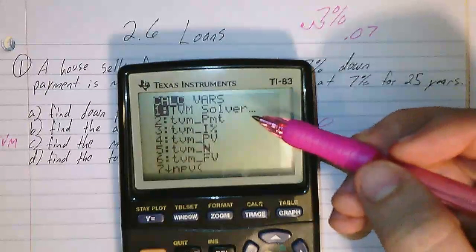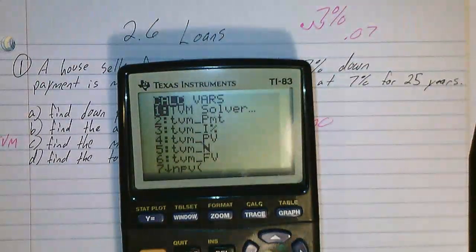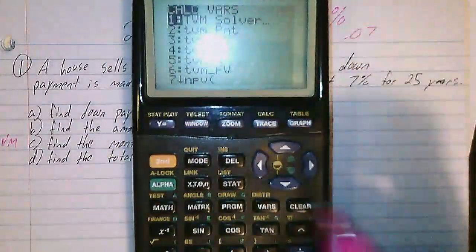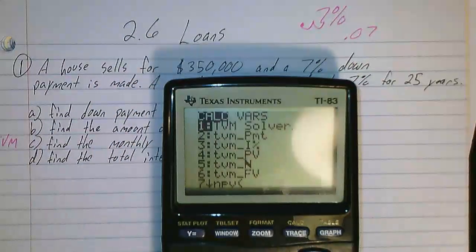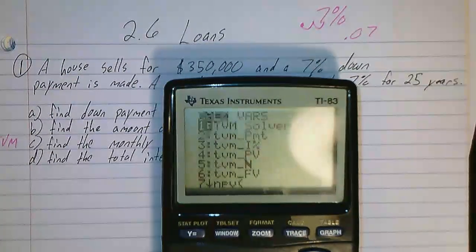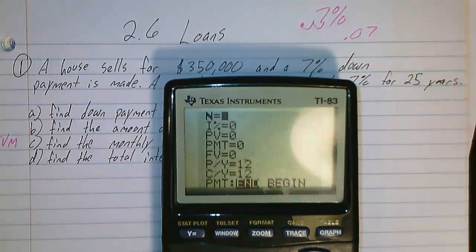If you have an 84, you just hit the apps button. It is not on the upper left side. It's somewhere around here, I think. But we hit the apps button and select finance, and now we're all at the same screen. We want the TVM solver, so we hit enter.